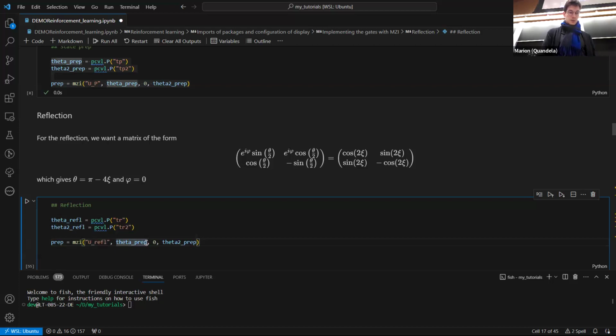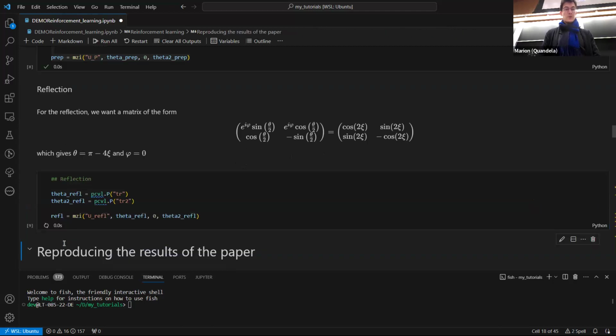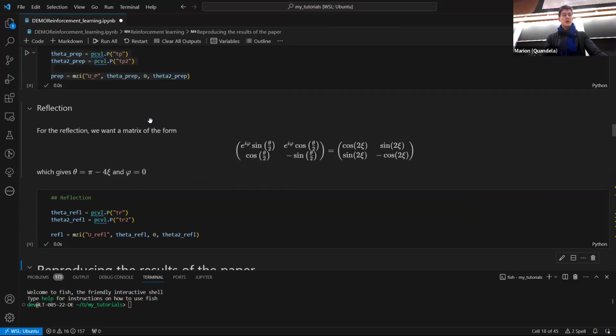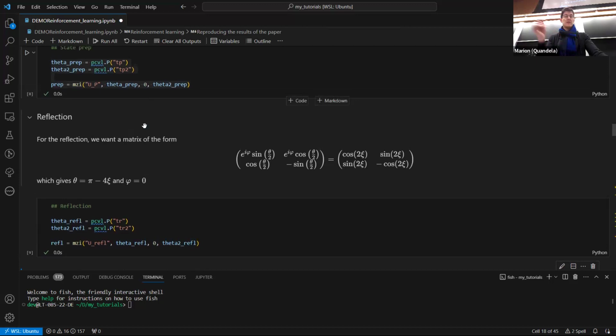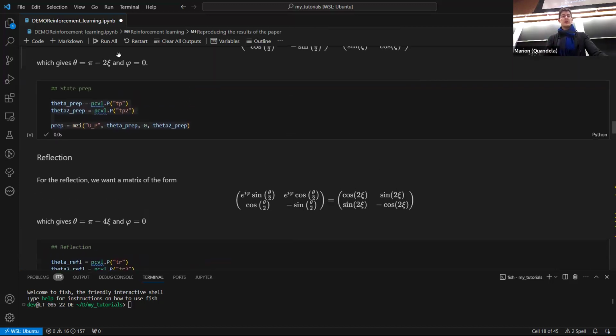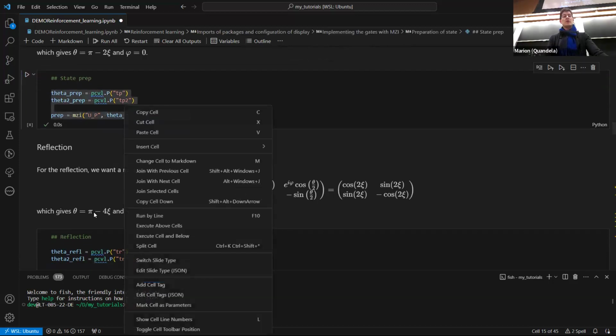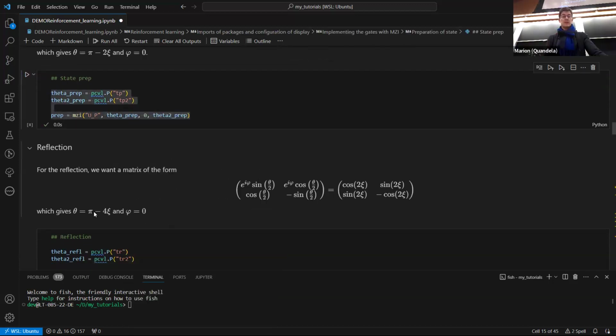Okay, it's basically the same. Later on, when we set the values of theta 2 and theta for reflection and preparation, we'll have to remember precisely the relationship to xi, which is this value the agent chooses. For theta preparation, it's going to be pi minus 2 xi, whereas for the reflection, it's going to be pi minus 4 xi. So we just have to remember that.